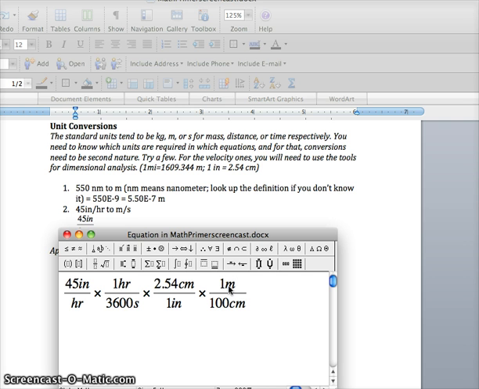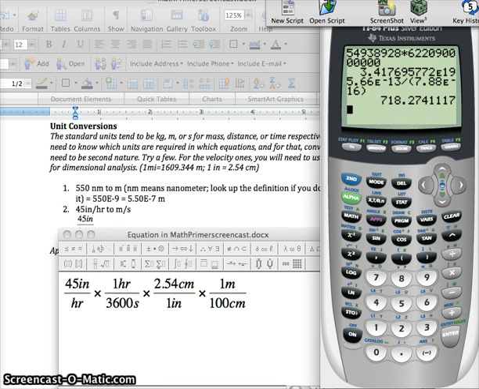It's going to be 45 times 2.54, that's everything in the top, divided by 3600 and 100, and that's everything in the bottom. And I'll do this for you on the TI-84 so you see how it's done. So it's going to be 45 times 2.54, so everything in the top, and divided by everything in the bottom, but you just need to put everything in the bottom in parentheses.